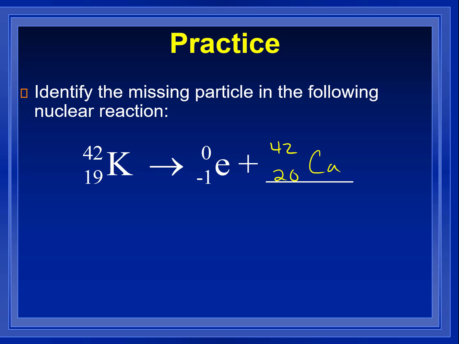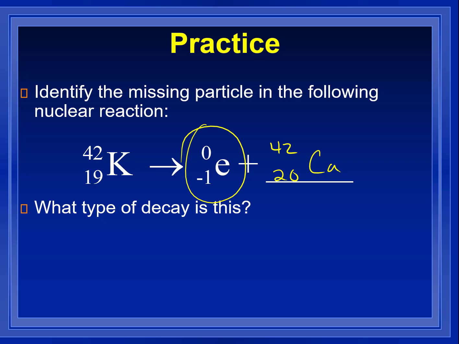There, that's it. Except I'm going to ask one more question. What kind of decay is this? What kind of piece is that? That's a beta. So it's beta decay. Ta-da. Don't make it any harder than that. Make the numbers work out.